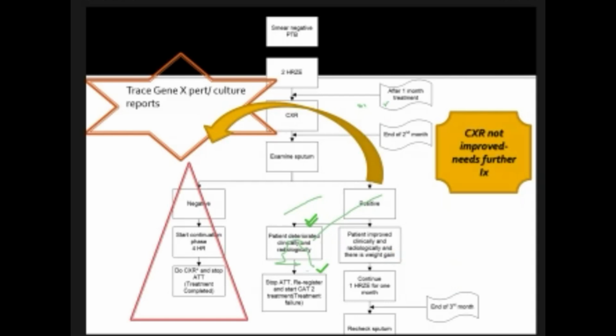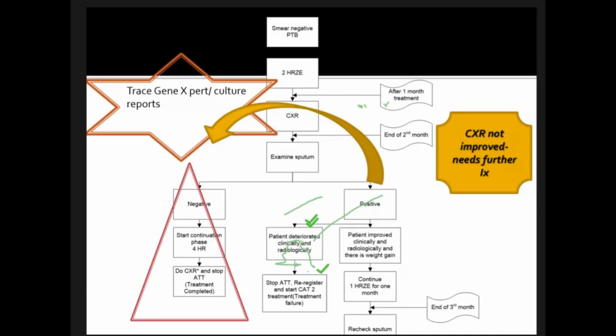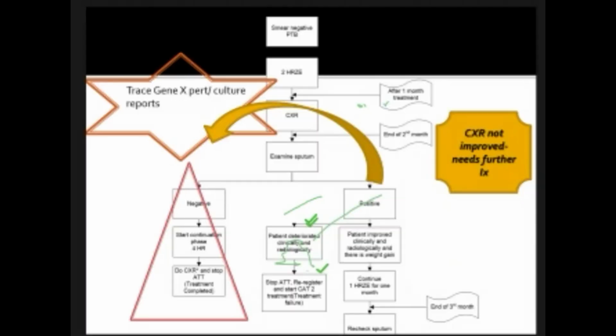But if they become positive, we need to always check their culture reports and trace their GeneXpert and culture reports at the end of the 2nd month. And if they are positive, then of course we may even need to reclassify them and restart treatment. We need to see whether this is a retreatment case, or whether we can continue the treatment.